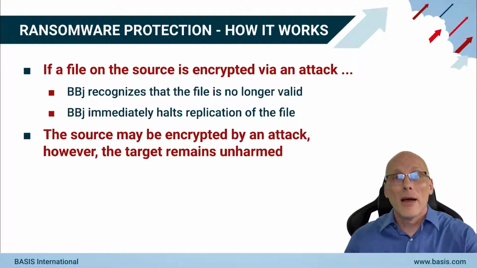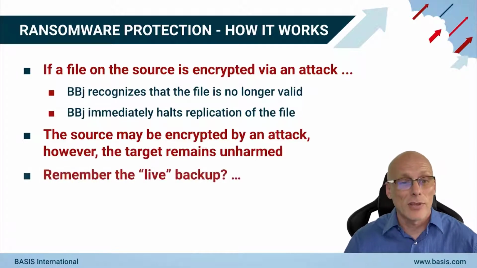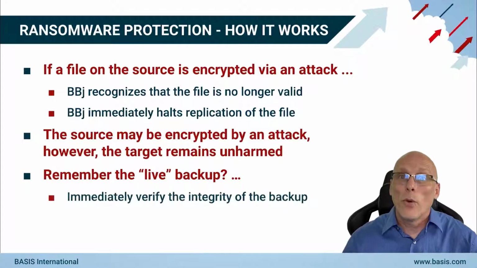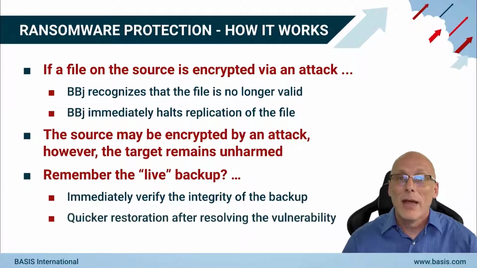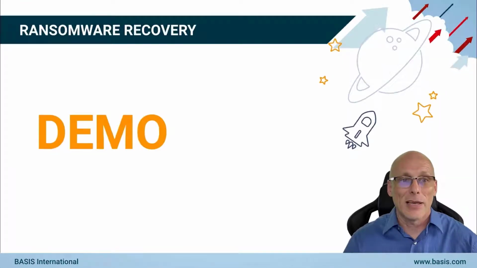It doesn't copy the bytes of the file at the low level. It sends over successful file write and remove operations. So remember that live backup that I pointed out? Well, what you can do is you can immediately verify the integrity of that live backup, and then this allows you to perform quicker restoration after resolving the vulnerability that led to the ransomware attack in the first place.